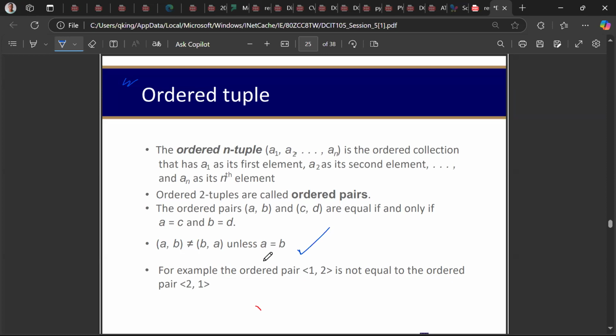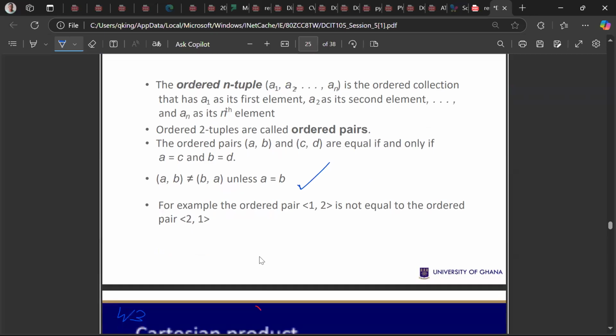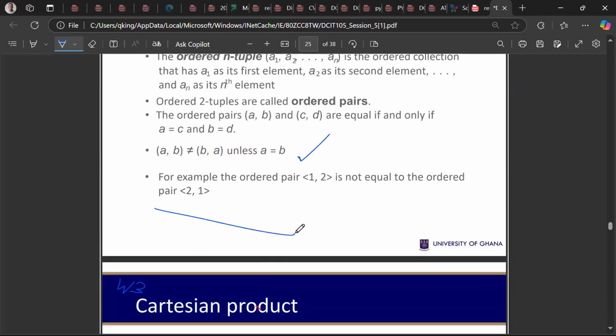B. And so looking at this last example here as well, for example, the ordered pair 1 and 2 is not equal to the ordered pair 2 and then 1 because there has been an interchange in what? In the order in which it appears.